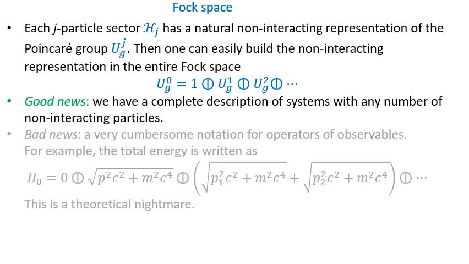The good news is that this representation provides a complete description of systems with any number of non-interacting particles. But from the physical point of view, this is not very interesting. But this representation will play a very important role in Weinberg's formalism. So we will spend some more time with it.